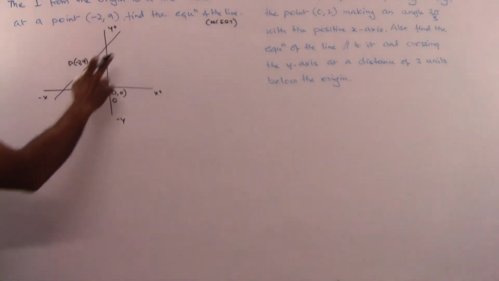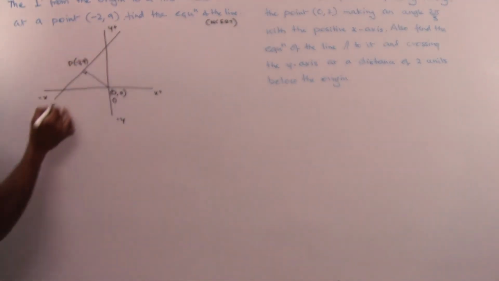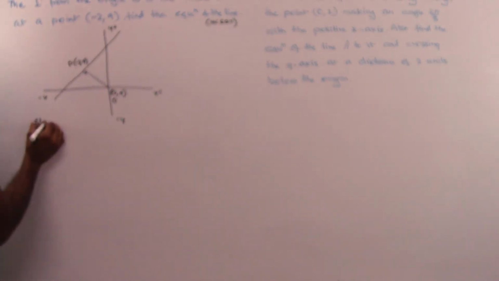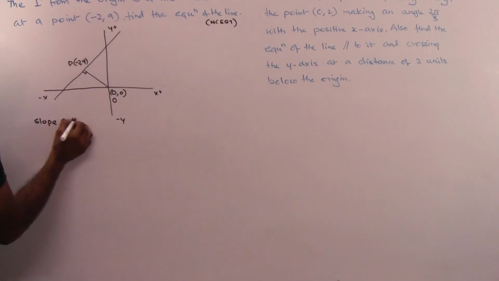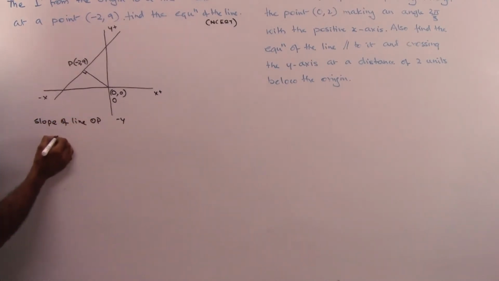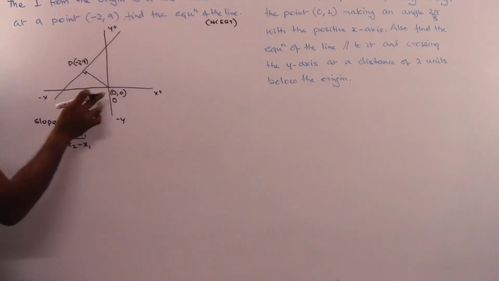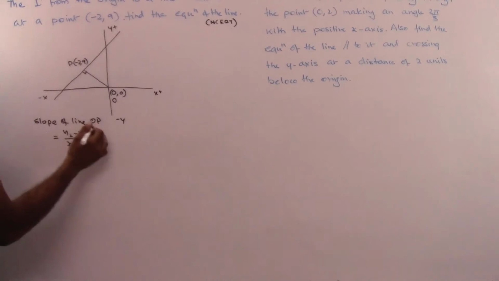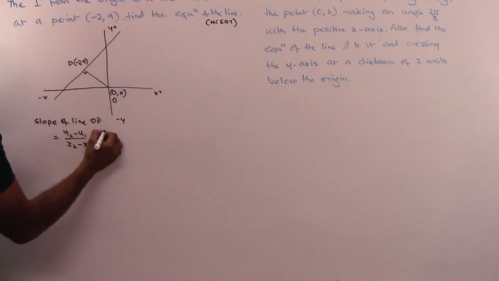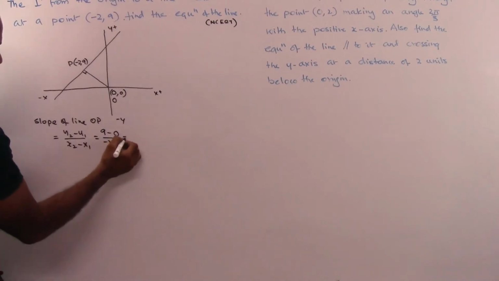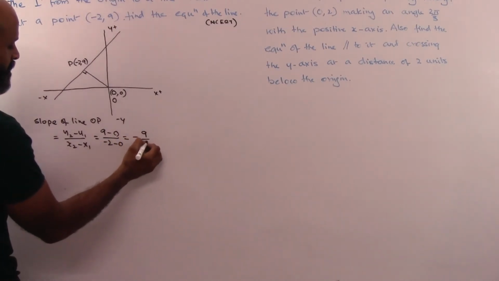So what do we do here? Now what will be the slope of line OP? It will be equal to y2 minus y1 by x2 minus x1. We can take any of these as y2, so let's say we take y2 as 9. So 9 minus 0 and minus 2 minus 0, so this will be minus 9 by 2.